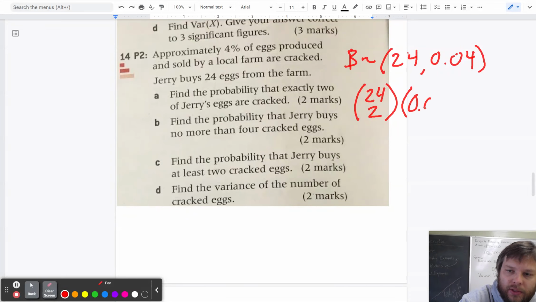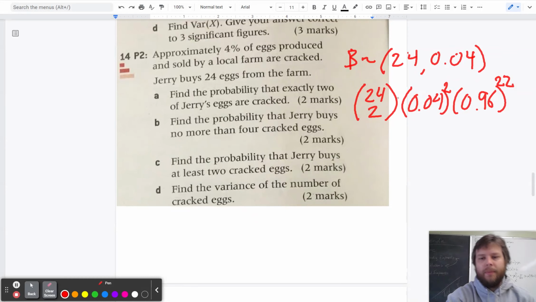That happens with a 0.04 probability, not percent, and a 0.96 probability of them not being cracked, so that'd be 22 uncracked eggs. Okay, so that's the formula. You can just type that into the calculator.